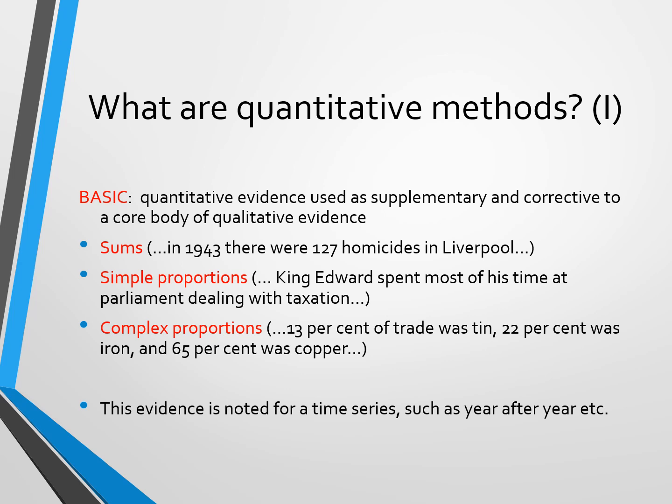Now, this evidence can be noted for a time series such as year after year or decade after decade. And it's the use of these basic sums, simple proportions, and complex proportions in which the origins of quantitative history and quantitative research are grounded.